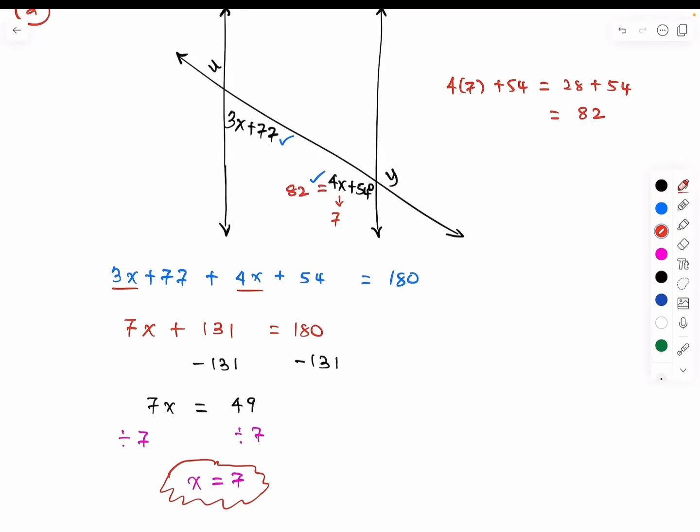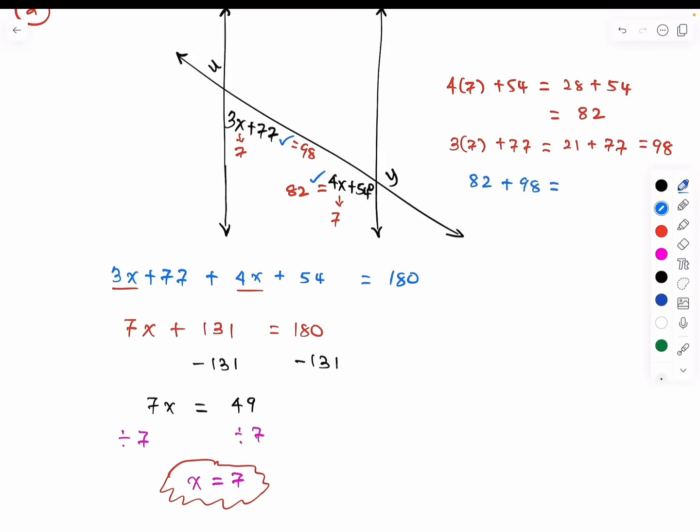So this angle right here is going to be 82. And then I do the same thing for 3 times 7, since x is now 7, plus 77. 3 times 7 is 21, plus 77 gives me 98. So this right here is 98.